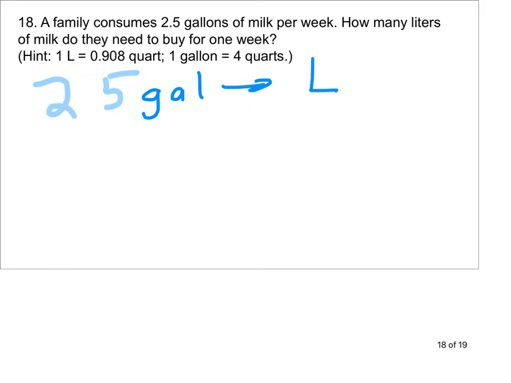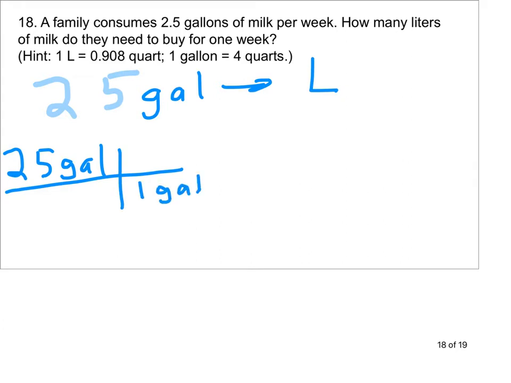They gave us a couple conversion factors. We just start with our 2.5 gallons. Real common everyday conversion factor is 1 gallon is 4 quarts.